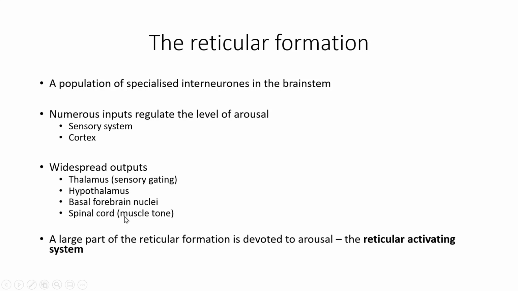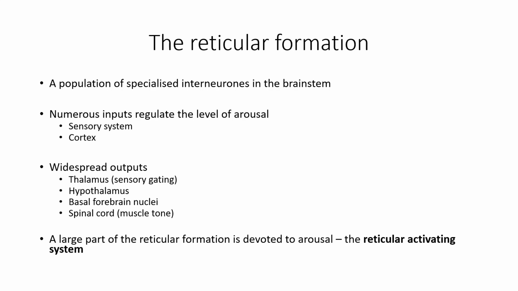And in fact, these spinal cord projections of the reticular formation are particularly interesting because these are involved in the regulation of muscle tone. And we know that in one stage of sleep, rapid eye movement sleep, the muscles are effectively paralysed by strong inhibition, which is descending down from the reticular formation.